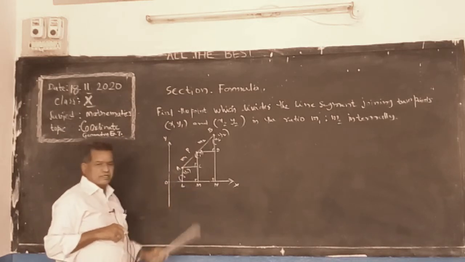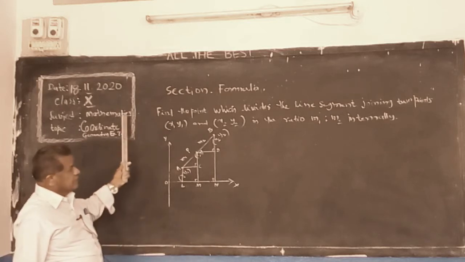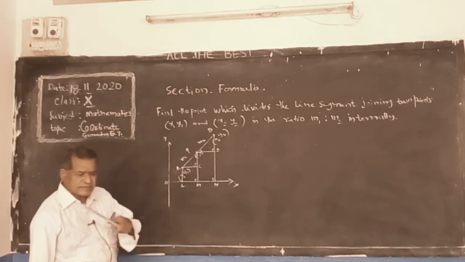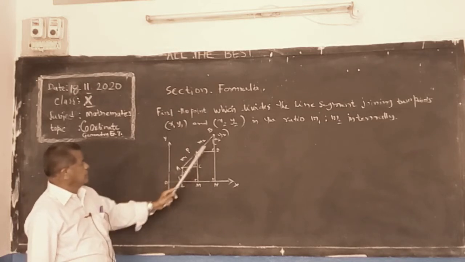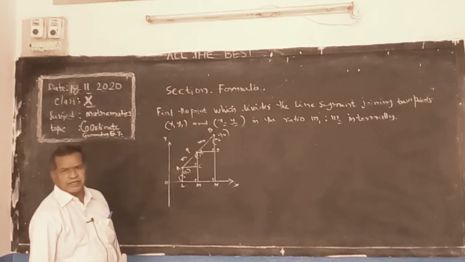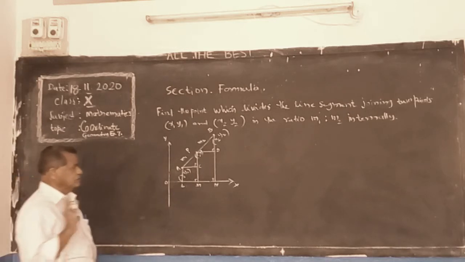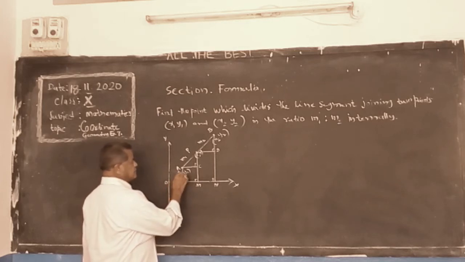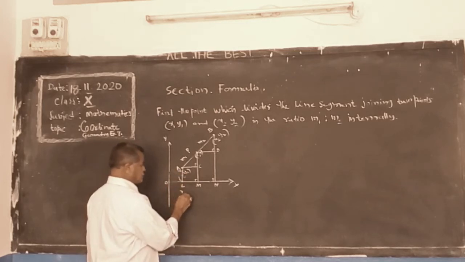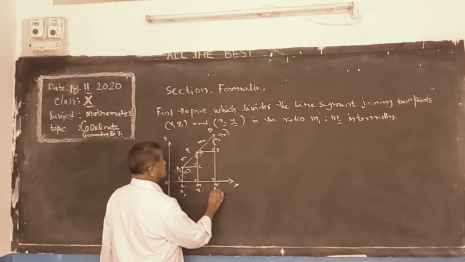These two triangles are similar. Of course, we did not cover the 8th chapter on similar triangles. In that chapter, it is given about similar triangles. Just now, as I am explaining, L is x1, M is x, and N is x2.